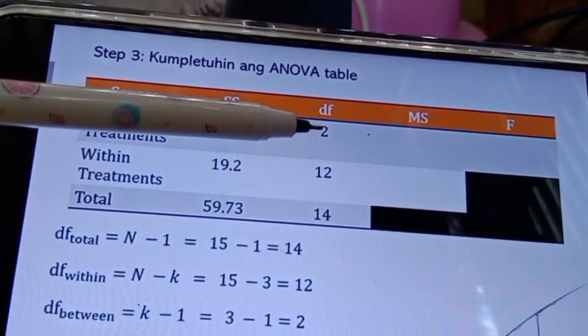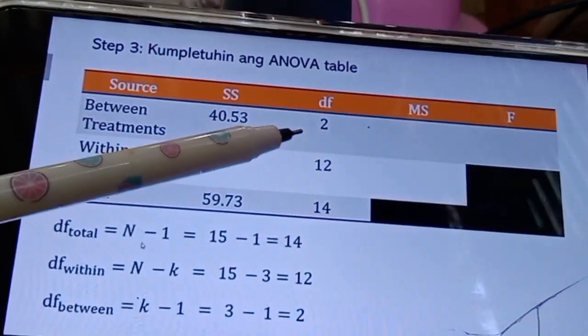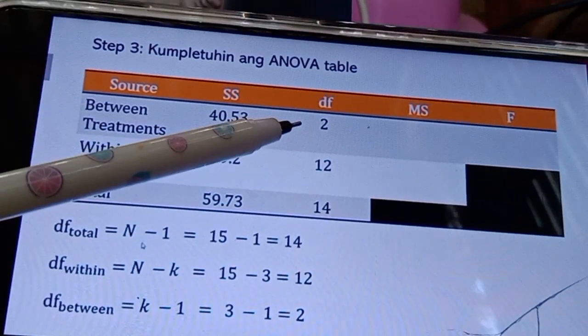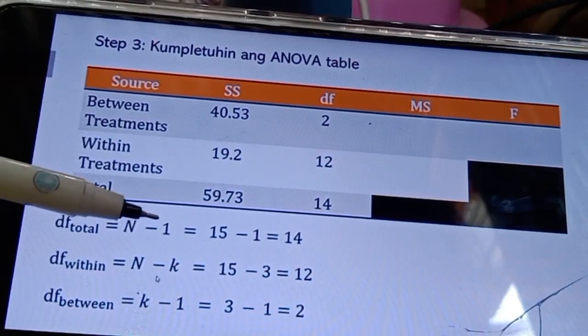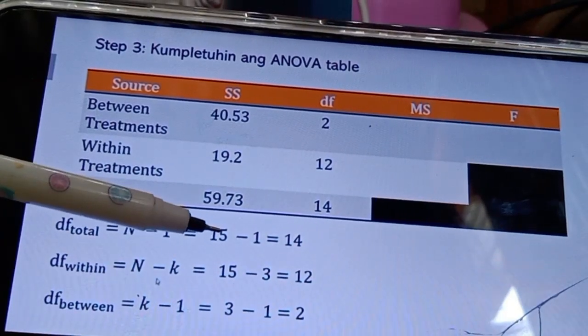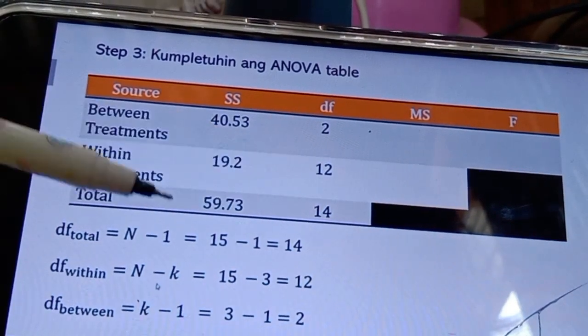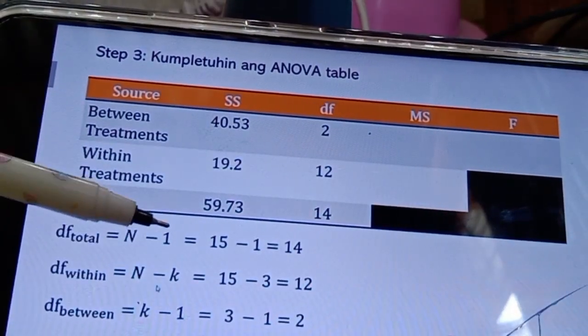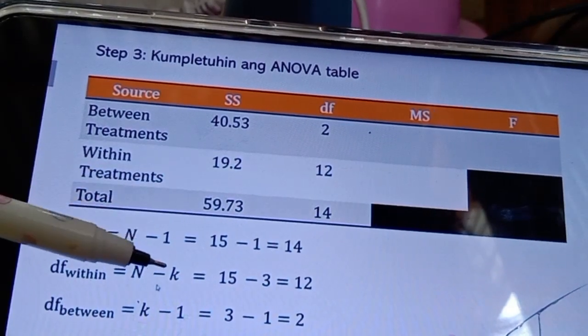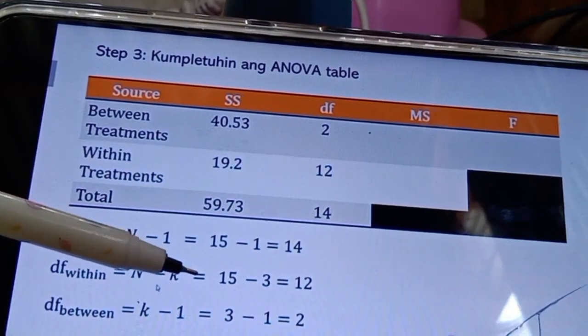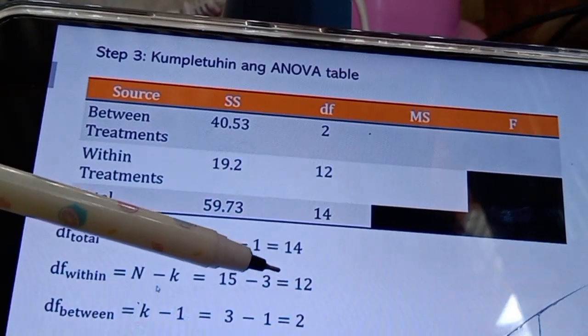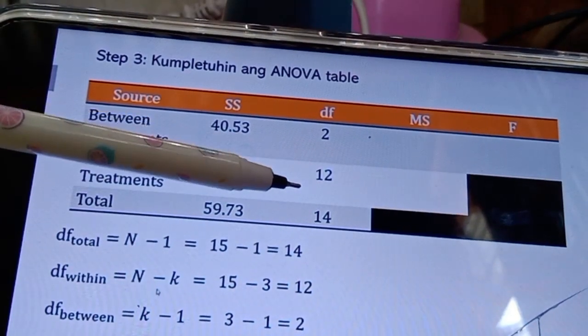Ang next naman natin is yung df, which is degrees of freedom. Degrees of freedom total is equals to n minus 1 is equals to 15 minus 1 is equals to 14, so ilalagay siya sa total. Degrees of freedom within is equals to n minus k is equals to 15 minus 3 is equals to 12. Dito siya sa within treatments.